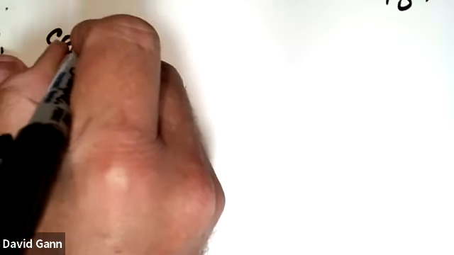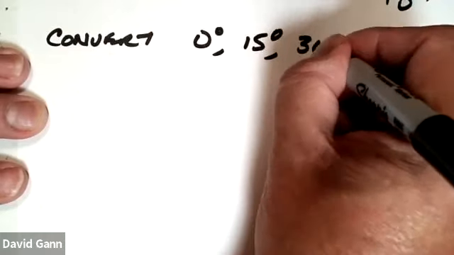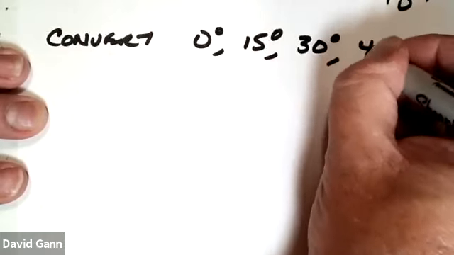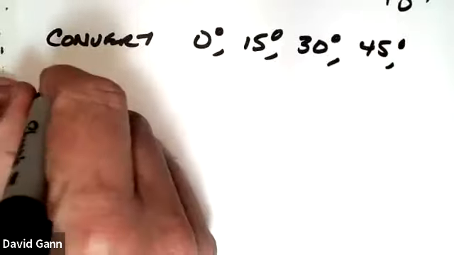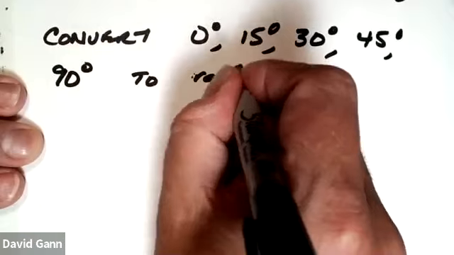So for example, let's convert, I don't know, let's say 0 degrees, 15 degrees, 30 degrees, 45, 90 degrees to radian measure.